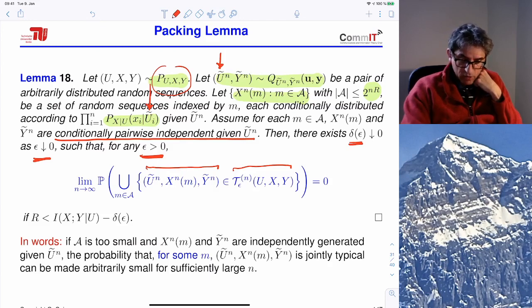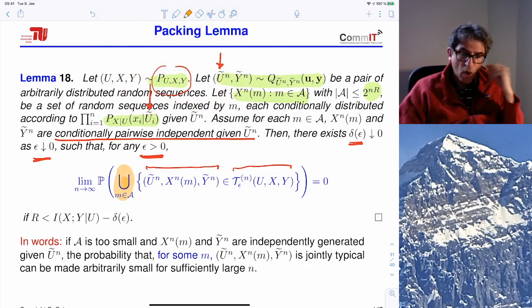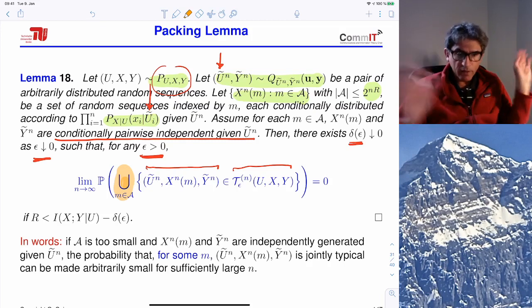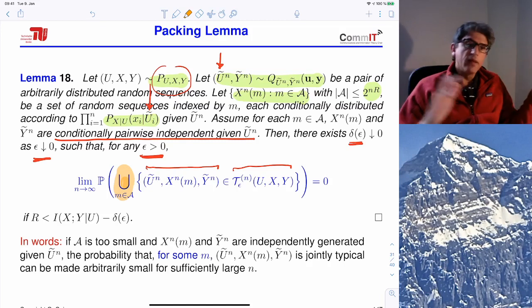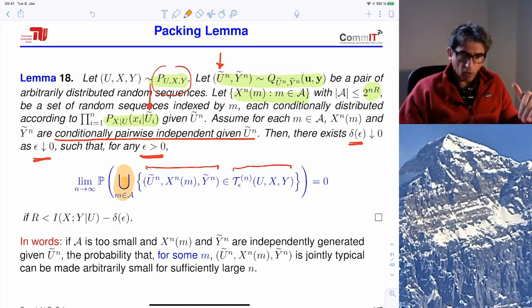Why do I say for some? Remember, the union sign means this condition is true if it's true for at least one of the m. So for some m. If there was an intersection, this would be for all. Union for some, intersection for all.